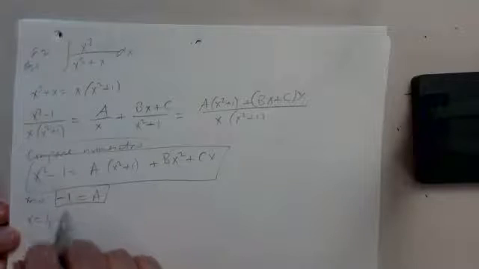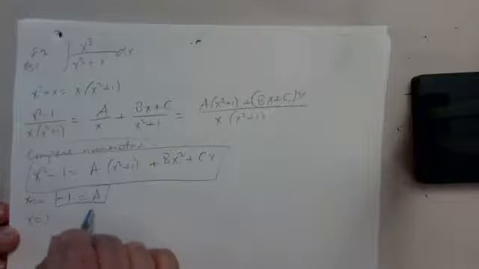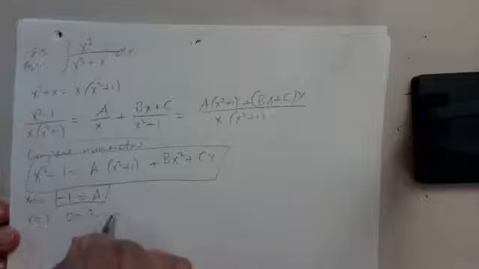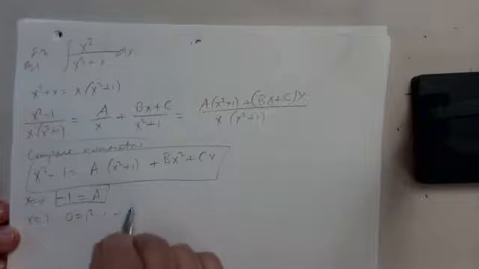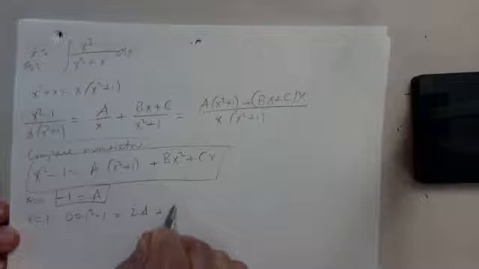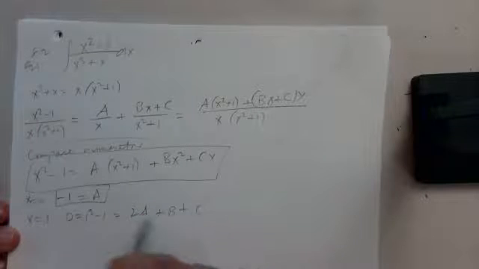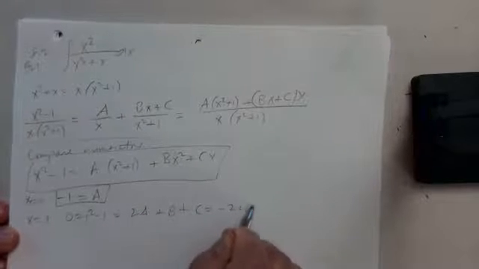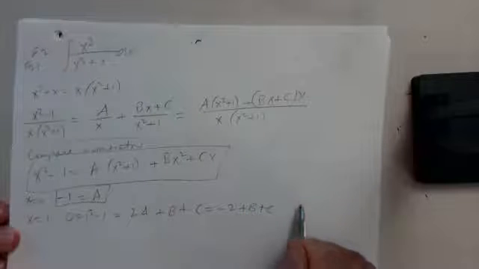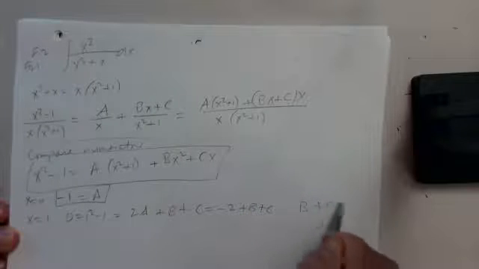On the left-hand side, you get 1 squared minus 1, which is 0, equals, when x is 1, 2a plus b plus c. A is minus 1, so that's minus 2 plus b plus c. So we get the equation b plus c equals 2.